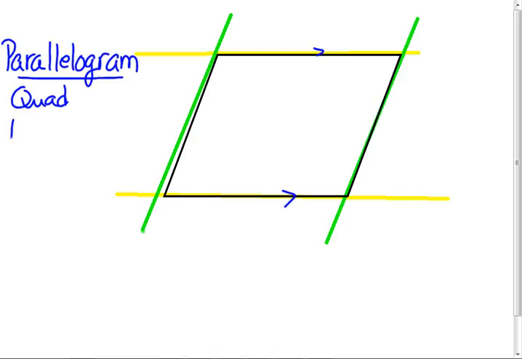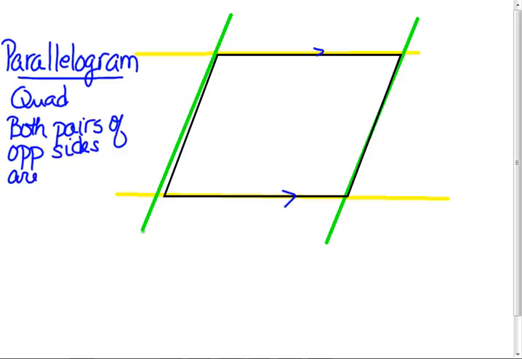Both pairs, you have to know this, of opposite sides are parallel. Not just one pair. If you only have one pair of opposite sides parallel, what's that called? Trapezoid. So we have to know what these are.